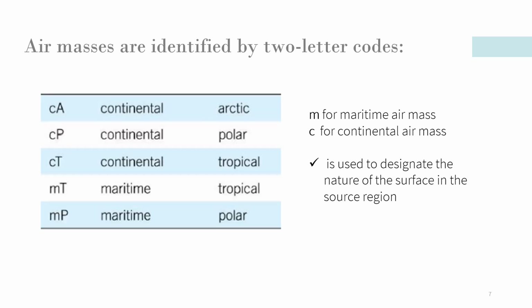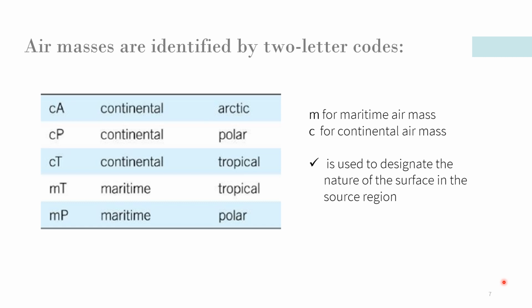And you can see here, since the air masses are identified by two letter codes, the cA means continental Arctic air mass. The cP means the continental polar, and cT means the continental tropical, and the mT means the maritime tropical, and the mP means the maritime polar.